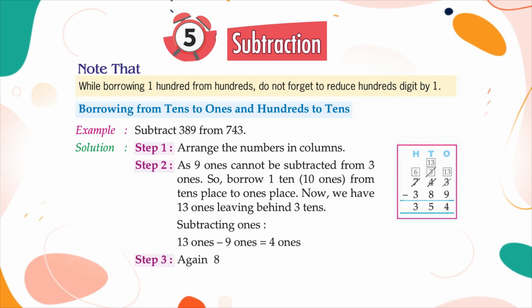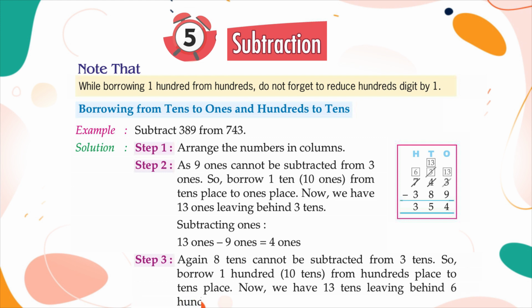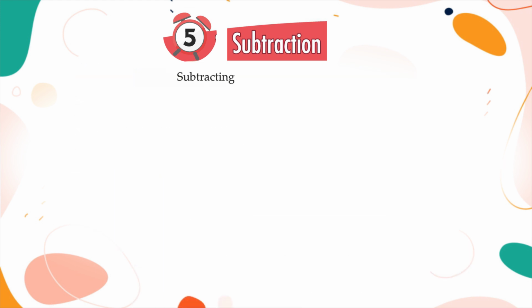Step 3. Again 8 tens cannot be subtracted from 3 tens. So, borrow 10 tens from hundreds place to tens place. Now, we have 13 tens leaving behind 6 hundreds. Subtracting tens. 13 tens minus 8 tens is equal to 5 tens. Step 4.